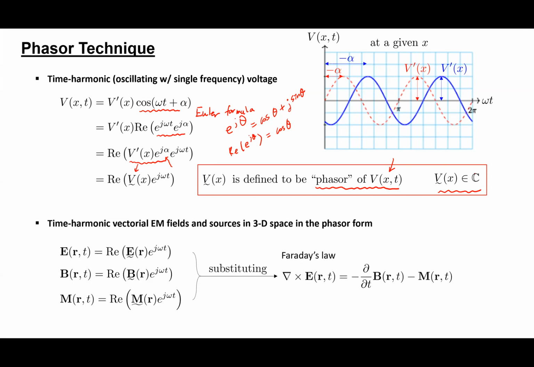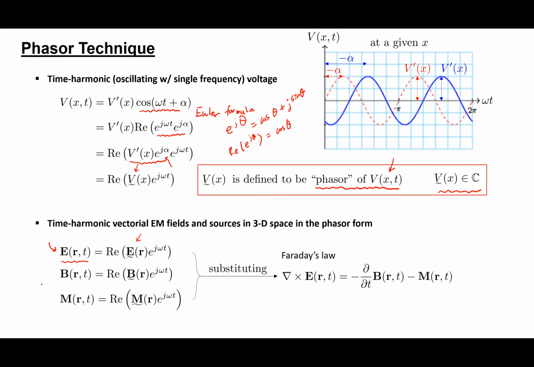So now we can extend this concept of phasor to a vectorial field in the three-dimensional space R and time. For example, the electric field. If the electric field behaves time harmonic, then we can represent it in the phasor form: the real value of the phasor, also a vectorial field which is complex valued but only a function of space, times the exponential j omega t.